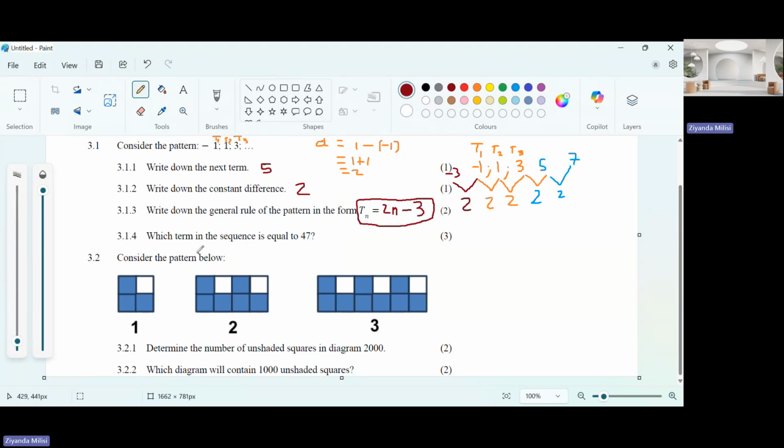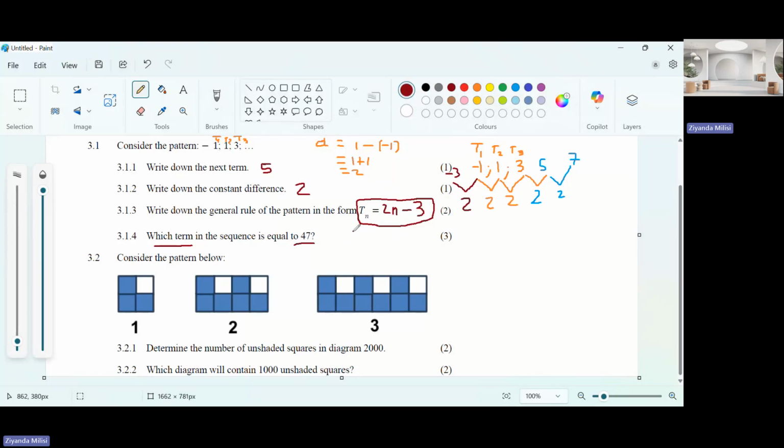Now the next question says, which term in the sequence is equal to 47? Read the question carefully. So we want n, the term number. We are given Tn, the value of the term, which is 47. So you're going to use this general formula.